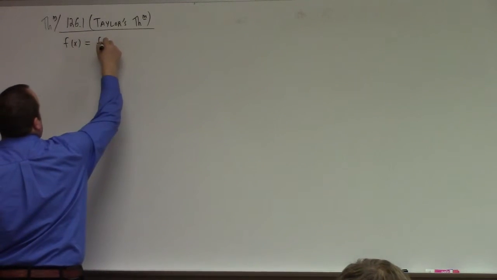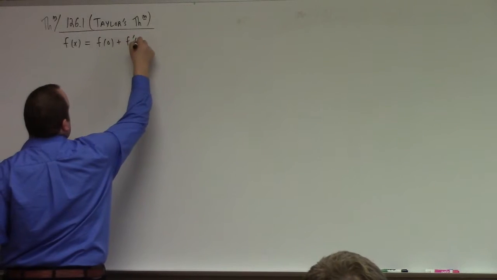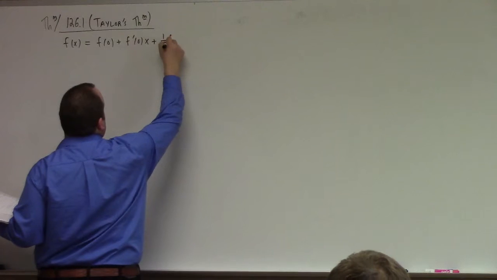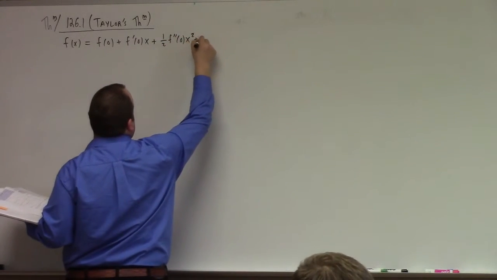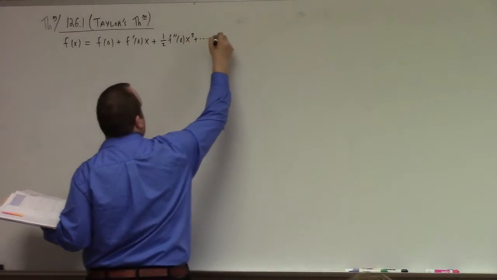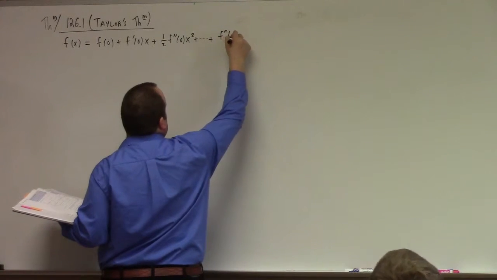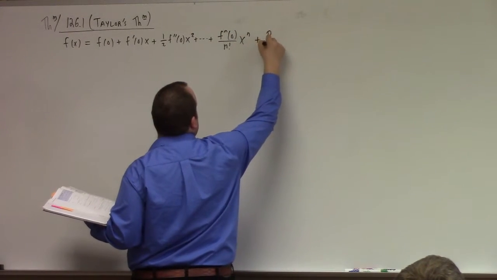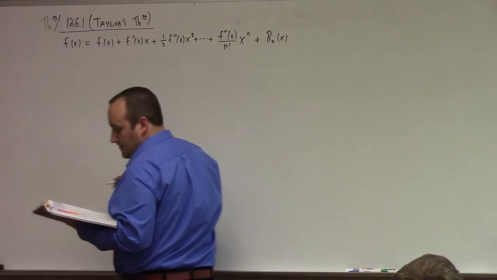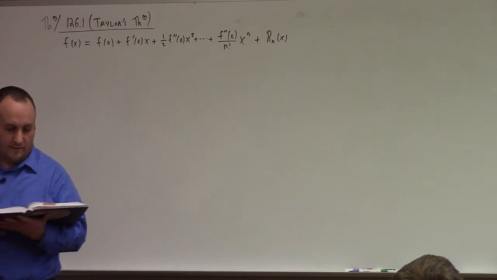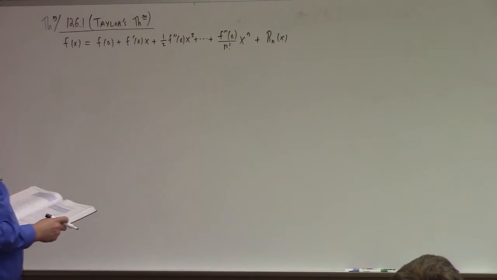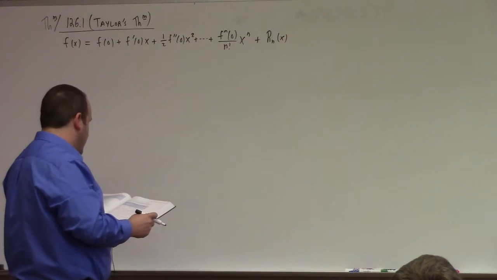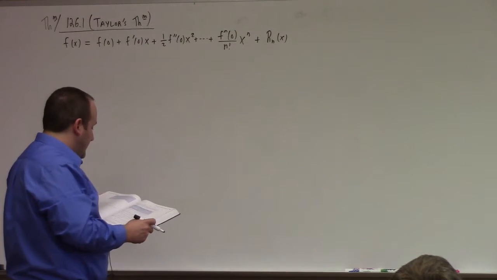So f of x is equal to f of 0 plus f prime of 0 times x plus 1/2 f double prime of 0 times x squared, plus and so on, plus the nth derivative at 0 over n factorial times x to the n, and then plus Rn of x. So what does he say? What's the assumption here? What do we assume about f? f has n plus 1 continuous derivatives on an open interval I that contains 0.